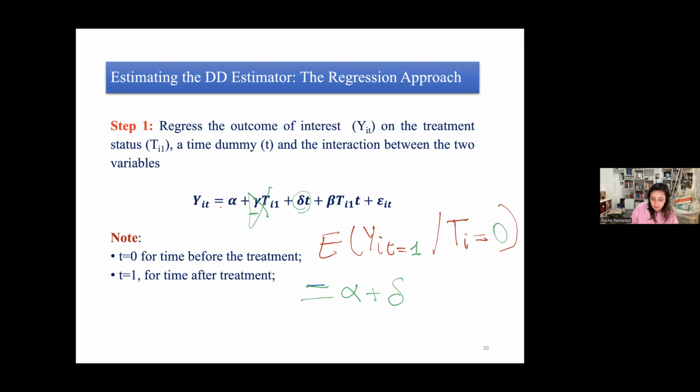And the third one will also be cancelled because you have 1 multiplied by 0. So it will be alpha plus delta. Okay. So in this case, the expected outcome of an individual who will not benefit from the FORSA program after the implementation of the FORSA program will be alpha plus delta. Okay. Do you all agree on this one?